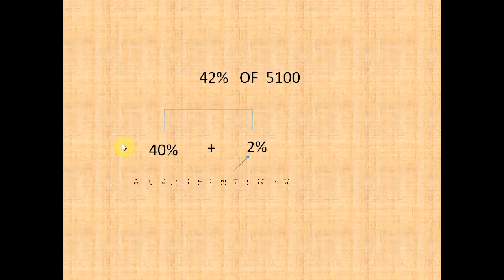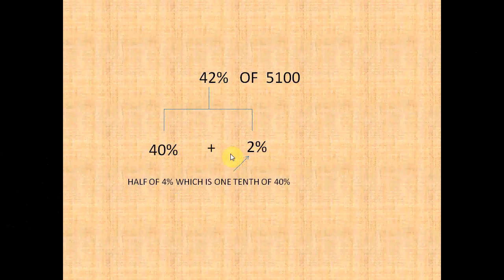That is half of 4%, which is 1/10 of 40%. See, had it been 44%, what would we have done? We would have done 40% plus 4%. 40%, 1/10 of it is going to give me 4%. But this time it is 42%, and the only difference is 2% over here instead of 4%. But the advantage with me is 2% is just half of 4%.